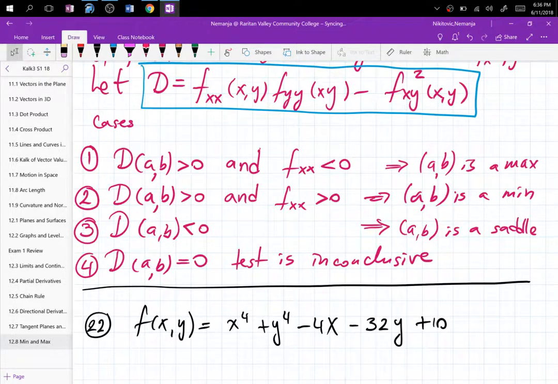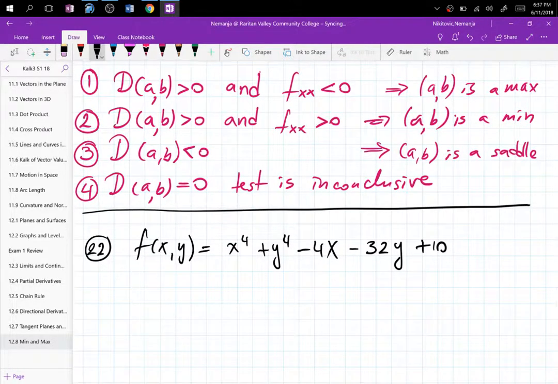Yeah, fxy is 0. Are we just basing it on the formula? You plug those numbers in. D equals... it says here 5, 4 times 12. First one, x is equal to 1.